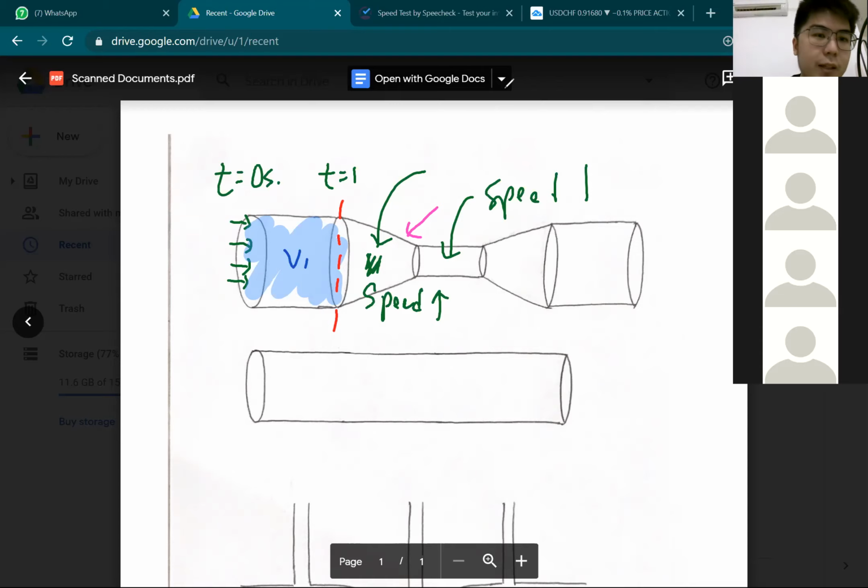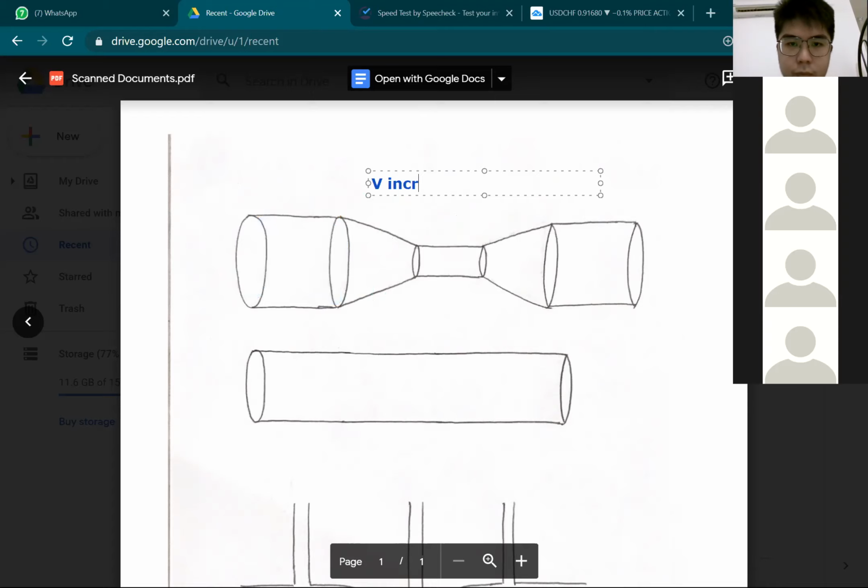Now, how does that affect the pressure? In Bernoulli's principle, remember that as the flow speed increases, it can be gas or water, any type of fluid, the pressure decreases.